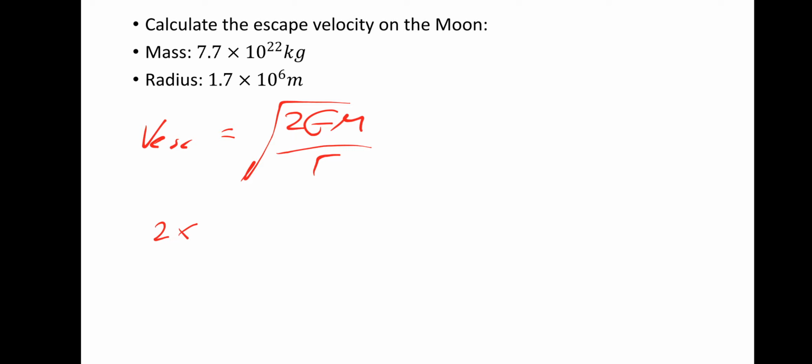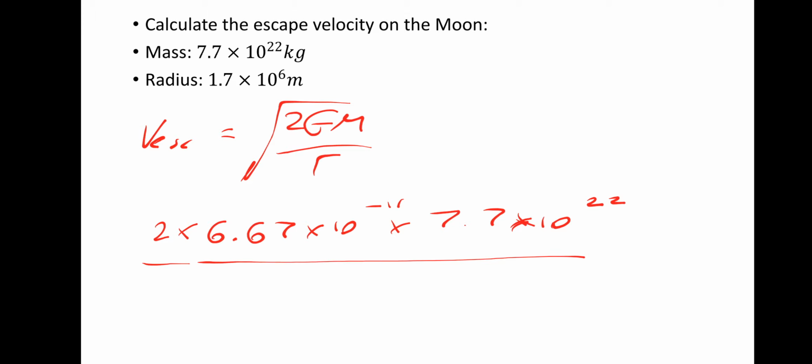So it's 2 times G, which we've used several times, 6.67 times 10 to the minus 11, multiplied by the mass of the moon, 7.7 times 10 to the 22, divided by the radius, which is 1.7 times 10 to the 6, and then square root. And that gives an escape velocity on the moon of 2.46 kilometers per second.